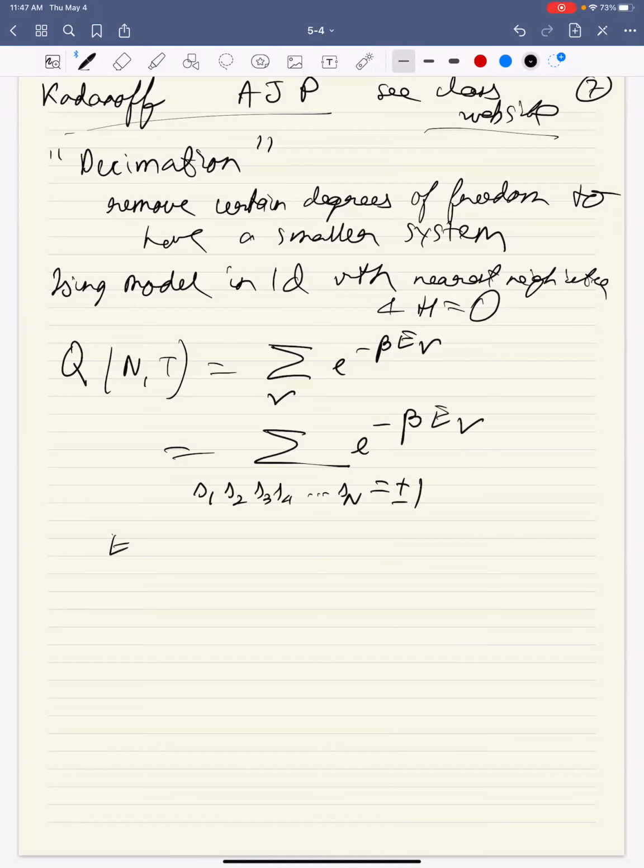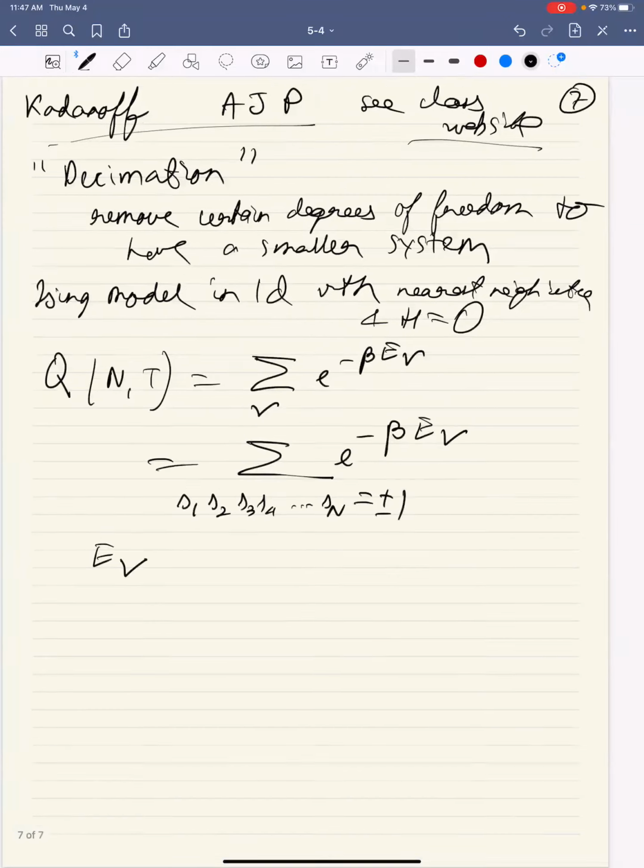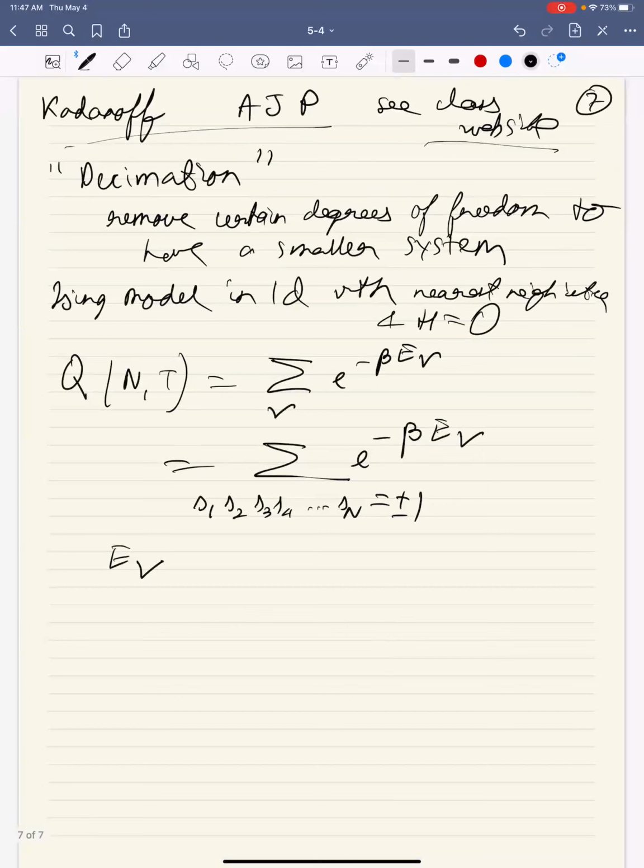So if you have only first nearest neighbors, we can define E nu as minus J, sum over modulus of i minus j equal to 1, of S_i S_j, right?